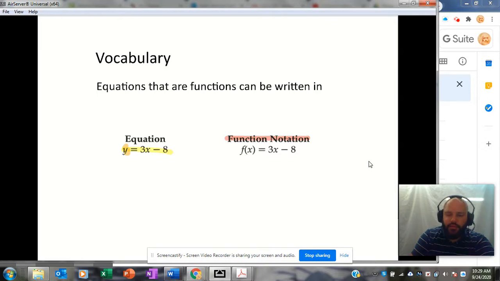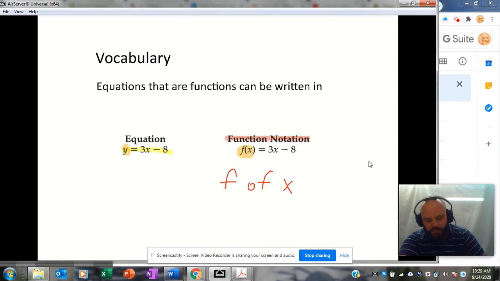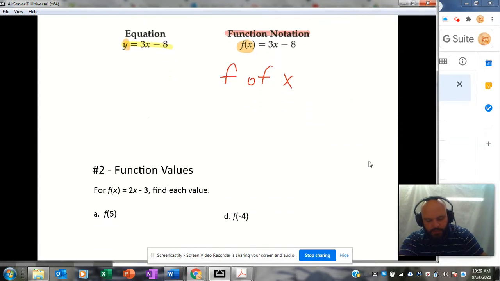The only thing they're going to do is replace that y with f of x, pronounced "f of x." The reason they do that is that function notation is a better way to write equations so we know what we're plugging into the equation. And you'll see as we move on how that works.